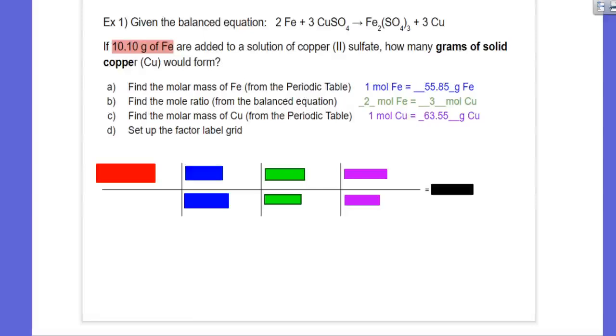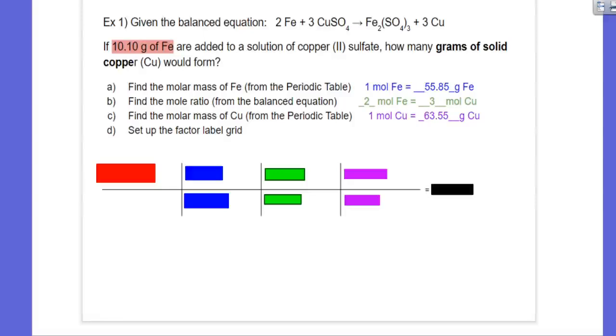On slide 8, I gave you your first mass-to-mass stoichiometry problem. You were given the following balanced equation. 2Fe plus 3CuSO4 will yield Fe2(SO4)3 and 3Cu.